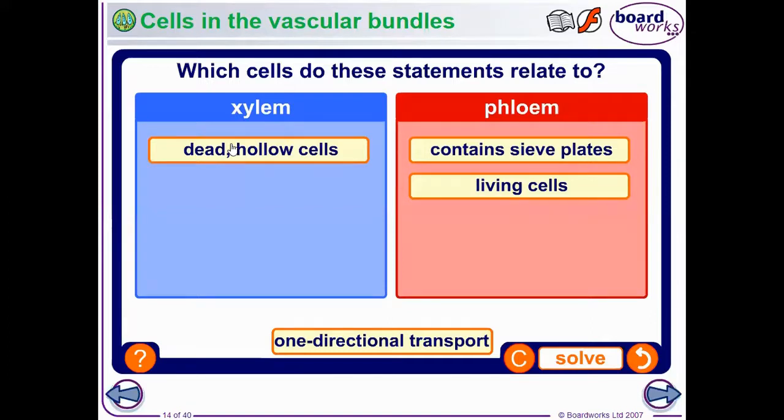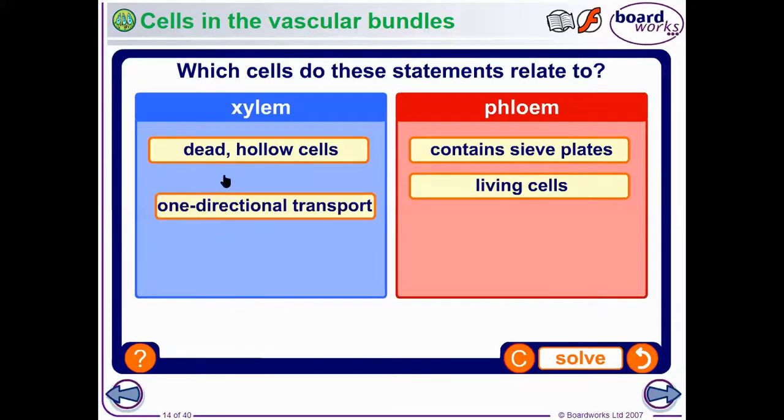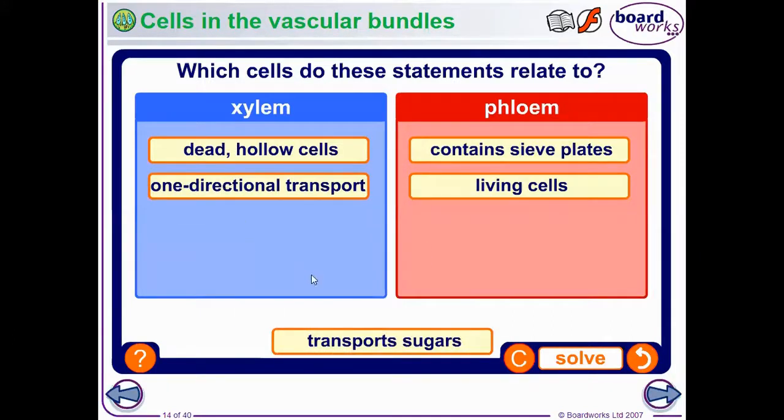One directional transport. Very good. The majority of you are responding xylem, so we'll go with that. Transport sugars. Which one of these vessels transports sugars?